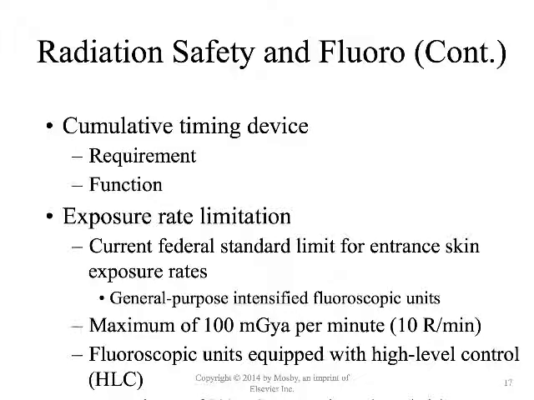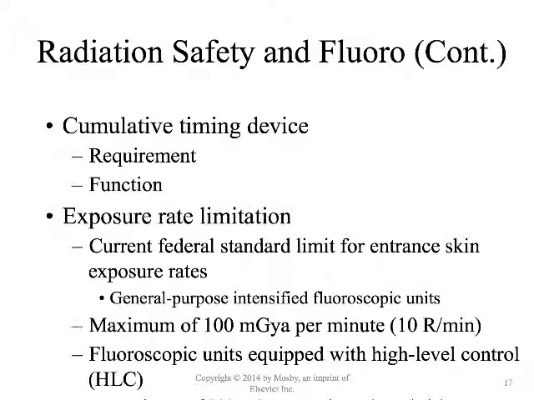The exposure rate limitation. So for general purpose fluoroscopy, not the high dose rate stuff, there's a maximum of 100 milligray air kerma per minute. It's the max that those machines can pull off in terms of air kerma. Okay? So they cannot make exposures higher than that.